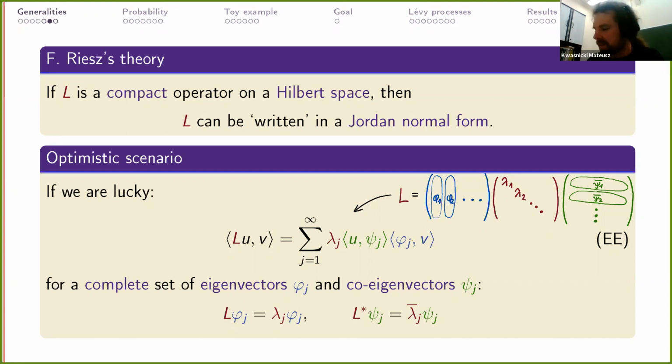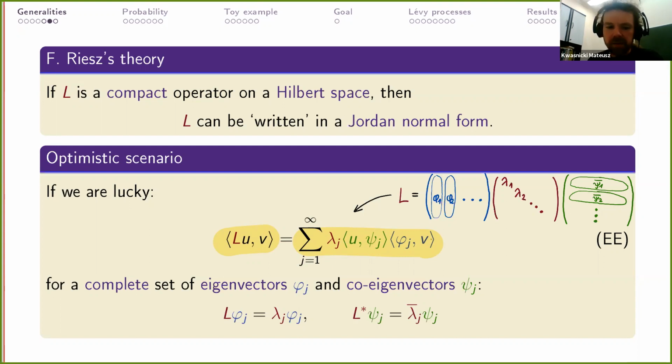And if we're lucky, then we can still hope that there are no generalized eigenvectors. They are just pure eigenvectors, and we get a linearly dense family of eigenvectors. And then we expect that the bilinear form can still be written as the sum of eigenvalue times the scalar product of u with co-eigenvector times the scalar product of the eigenvector with phi.